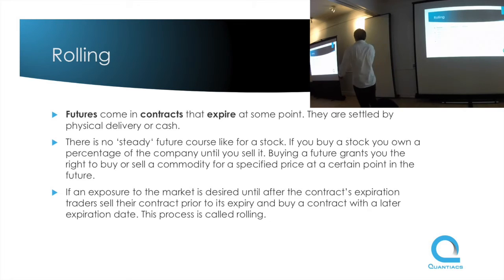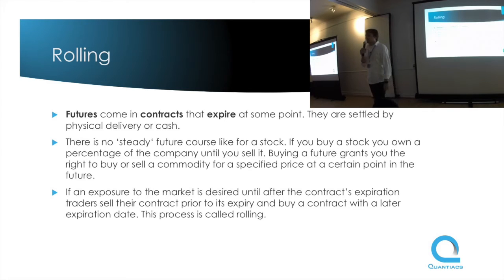If you want to trade the risk, to be exposed to the market risk of a future beyond its point of expiration, so let's assume again I have a corn contract short for March 2016, but for whatever reason I want to be exposed to corn short until June 2016.